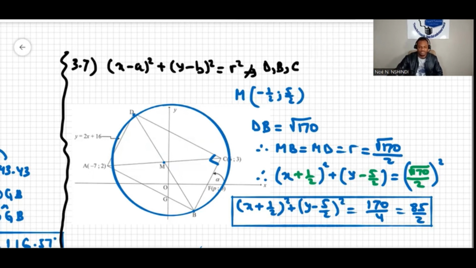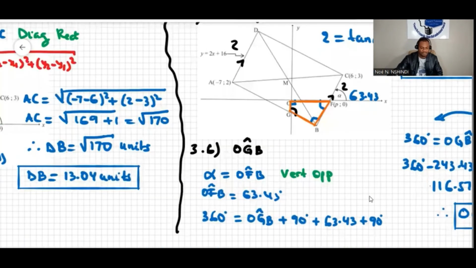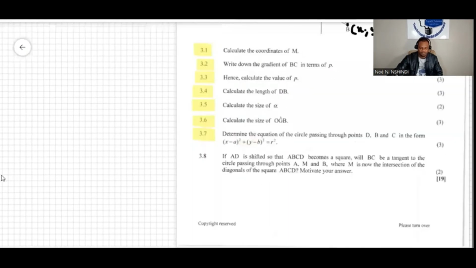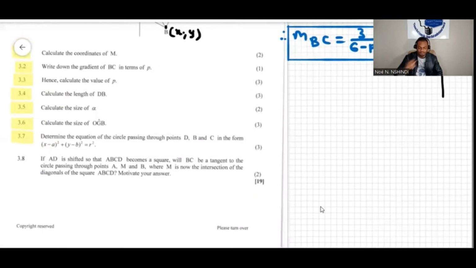Okay, and then the next question is question 3.8. Let's see. 3.8 is here. The question says, if AD is shifted so that ABCD becomes a square, will BC be a tangent to the circle passing through points A, M, and B, where M is now the intersection of the diagonals of the square ABCD?